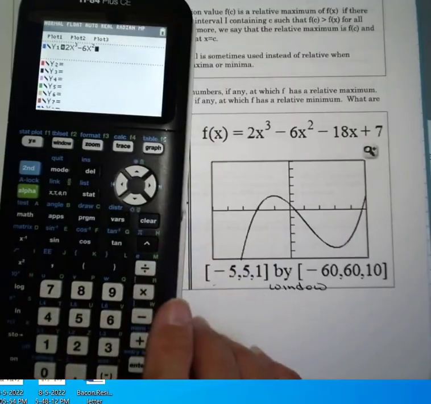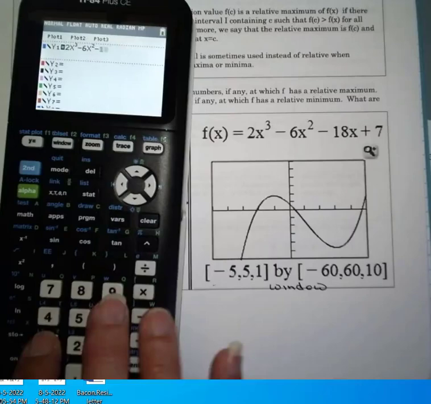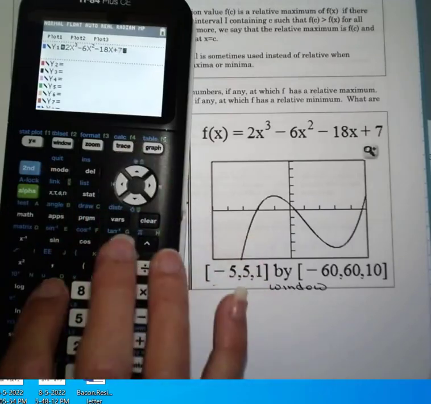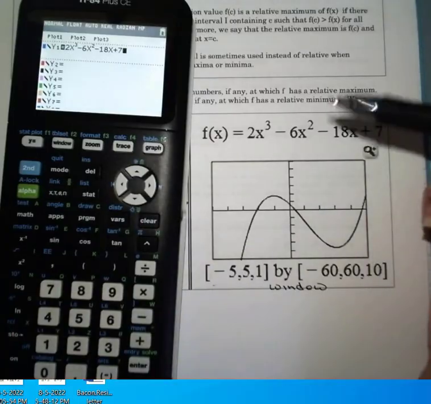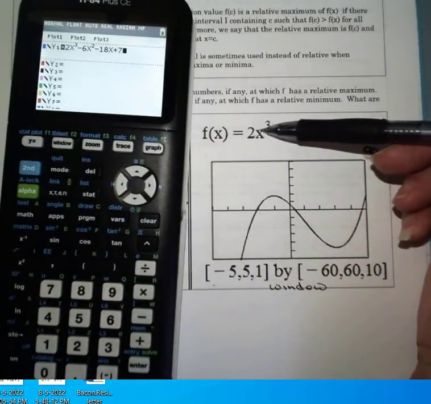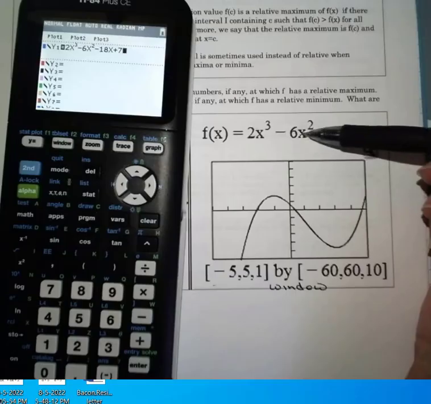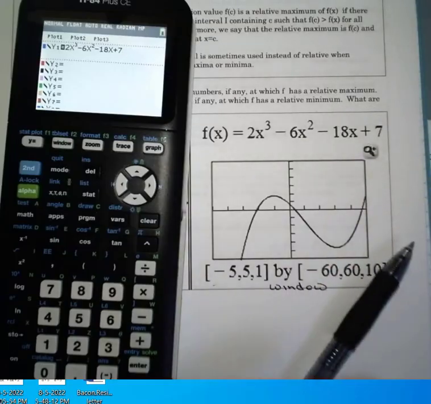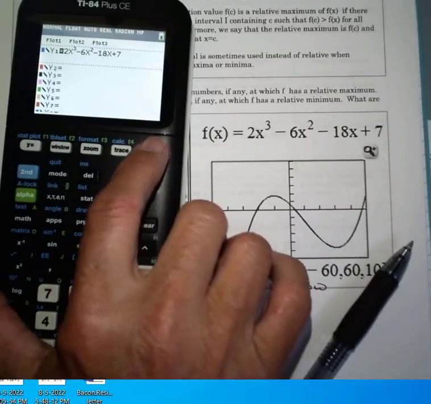Then minus 18x, and the last part of it is plus 7. Then check it to see if I got it entered correctly. It should say 2x cubed minus 6x squared minus 18x plus 7. It looks right. So let's see what this looks like as a graph.